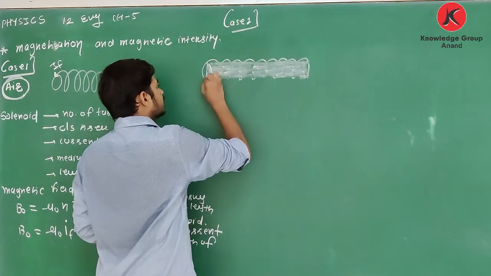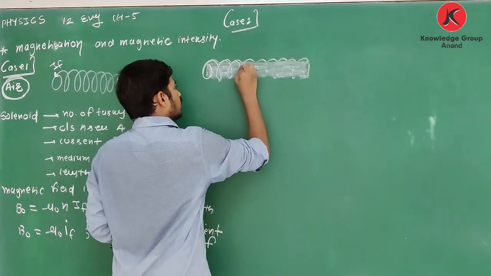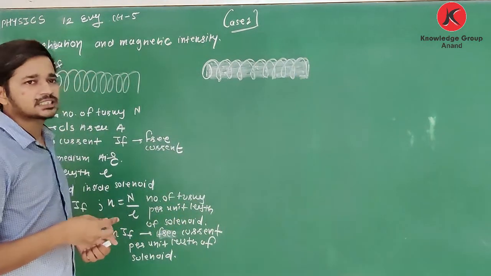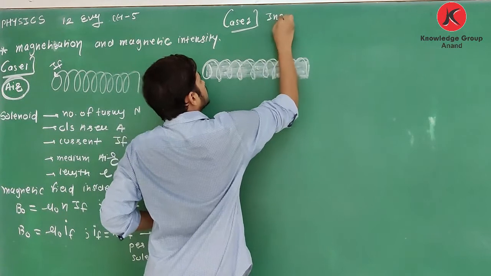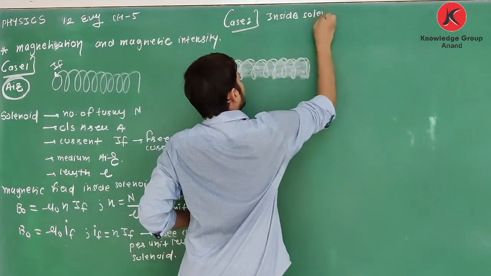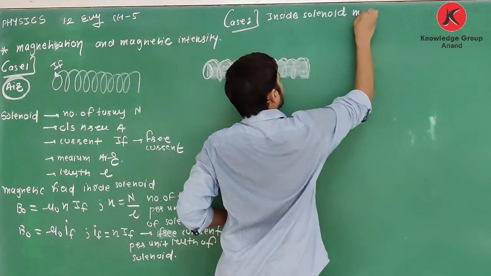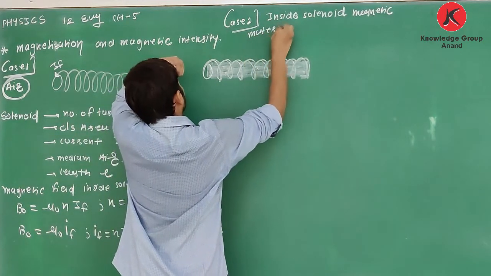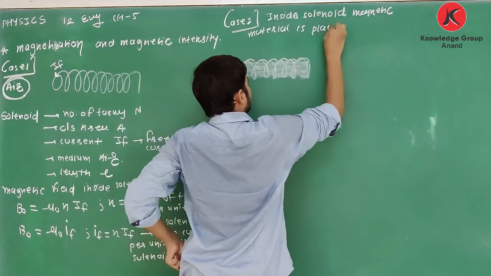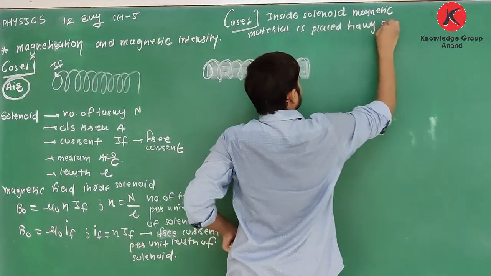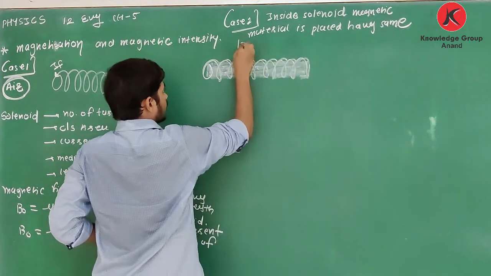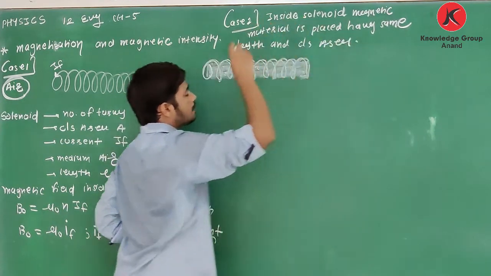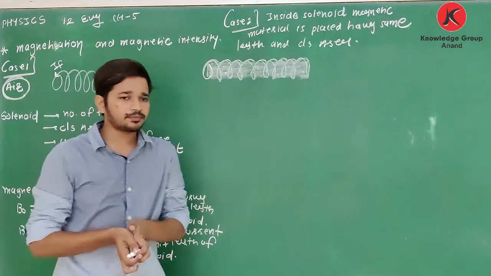So inside this solenoid, a magnetic material having the same length and same cross-sectional area is placed. Let's see what happens.